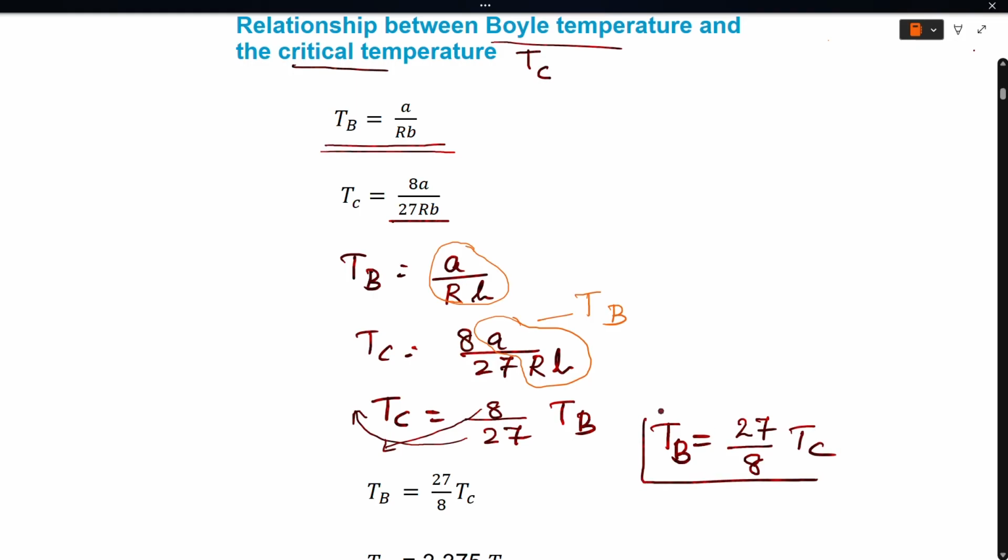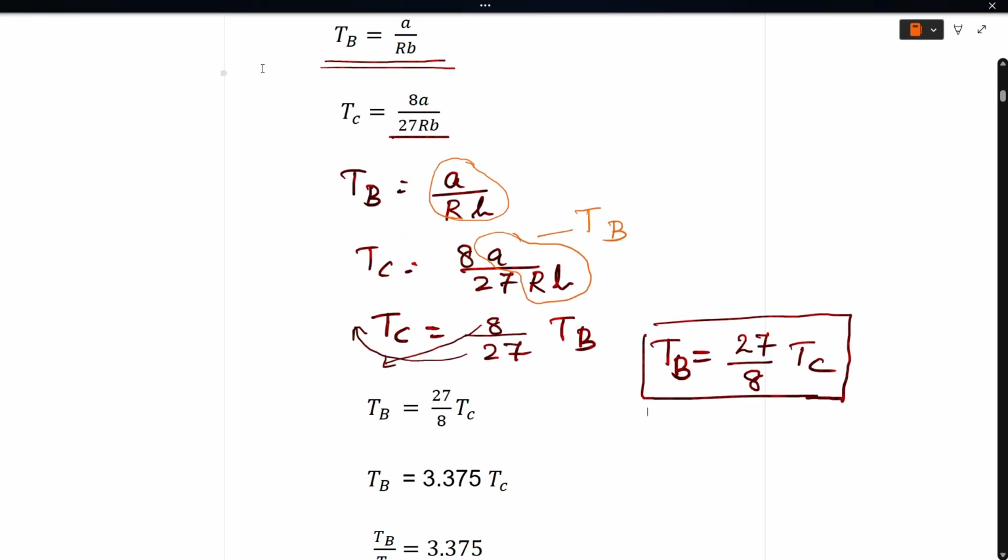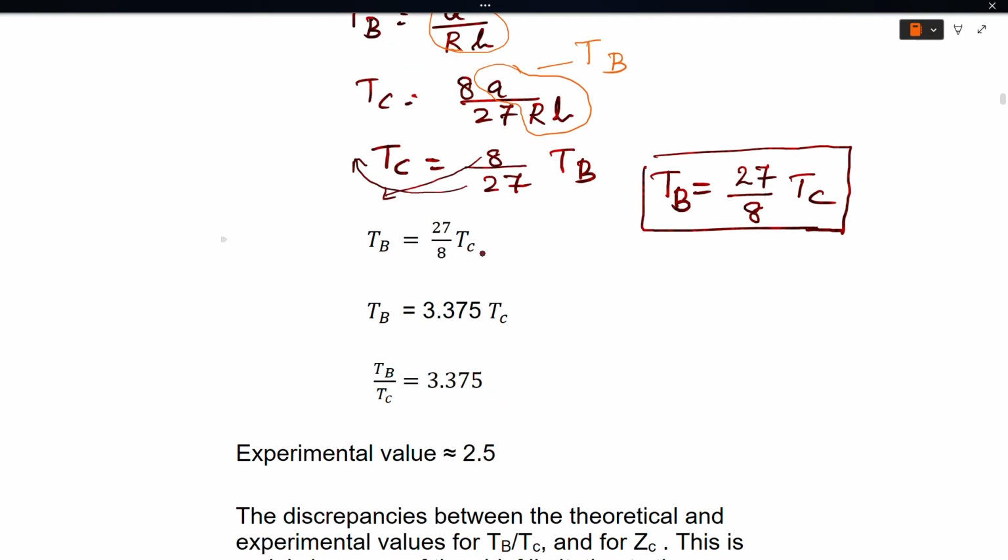This becomes the relation between Boyle temperature and critical temperature: TB is equal to 27 by 8 TC, where TB is the Boyle temperature and TC is the critical temperature.